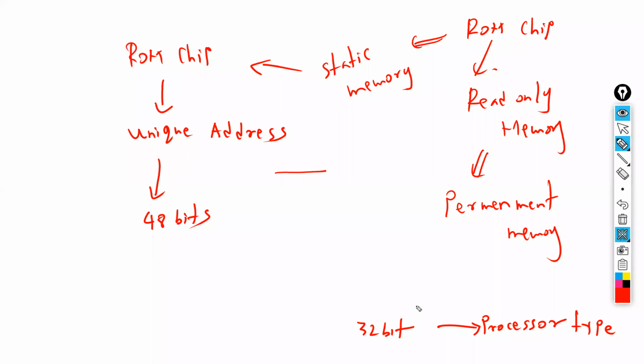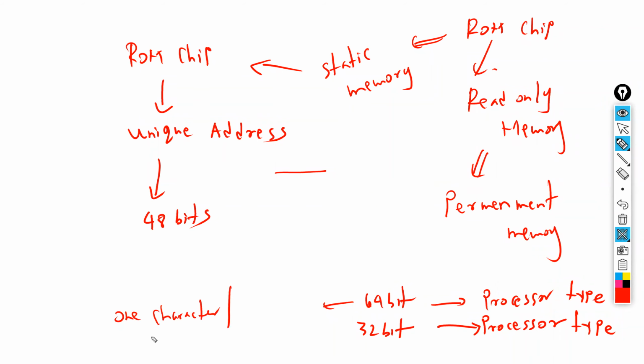Nowadays everybody likes to buy 64-bit; even now only 64-bit comes. Earlier it was 32-bit. That means the microprocessor recognizes one character, or one word, represented using 64 bits.